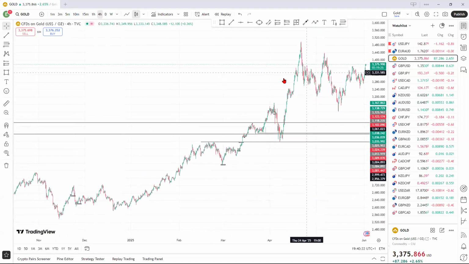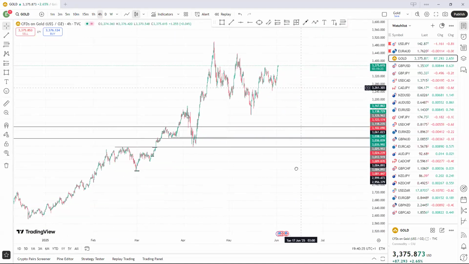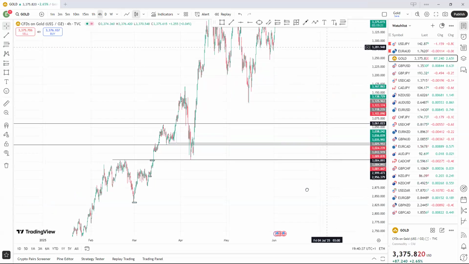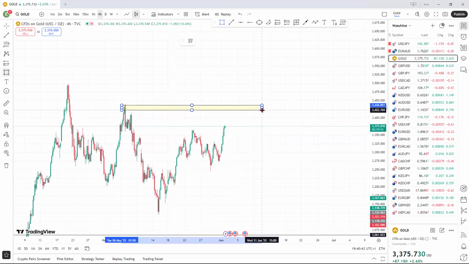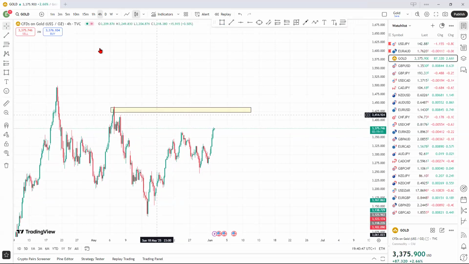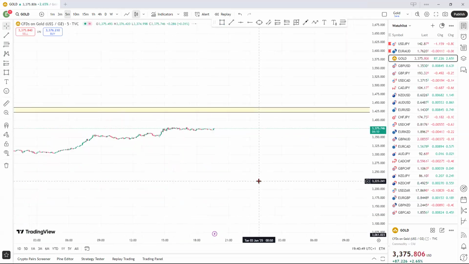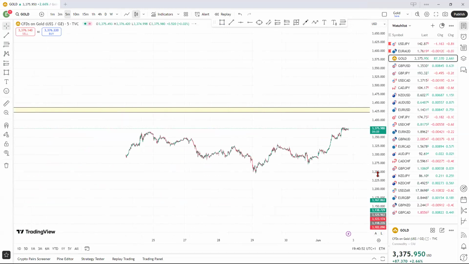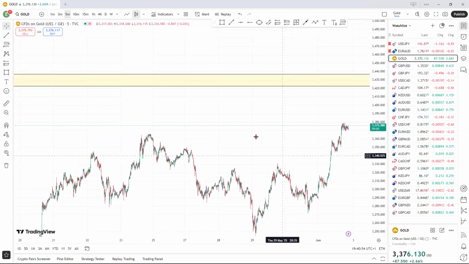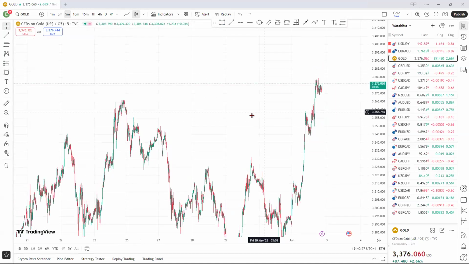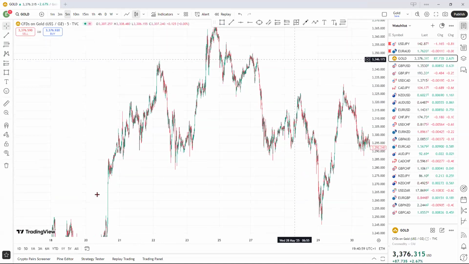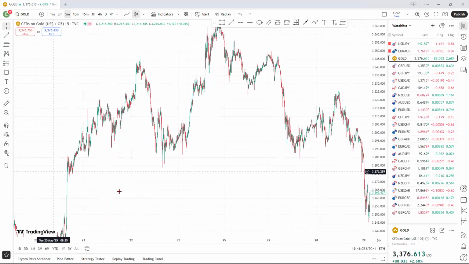Okay, so gold seems to be in an uptrend, and price is most definitely coming to this area. For those that trade currency pairs, if you are on gold, you should not be taking sales. Even though there might be little retracements, you should not be going against the trend at all. You should always follow the trend.